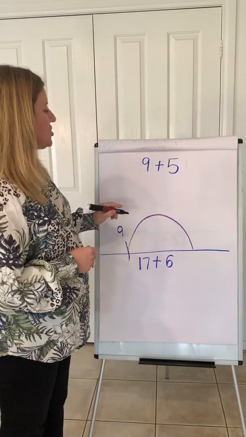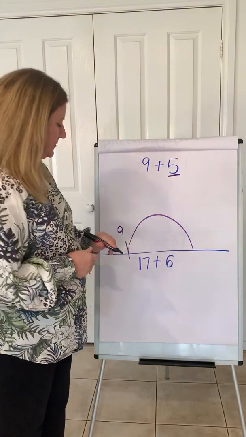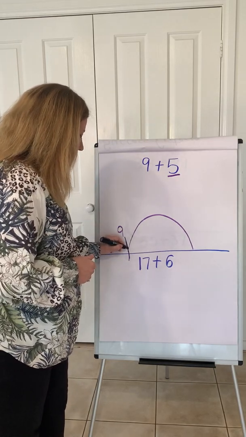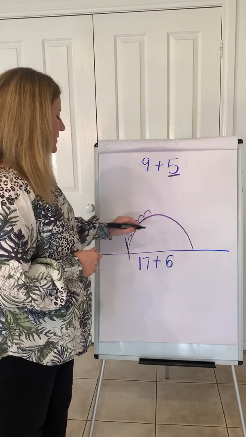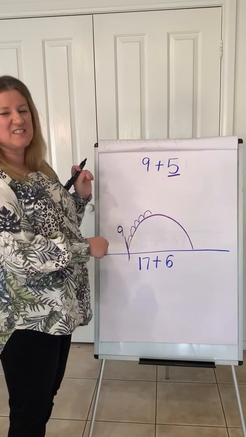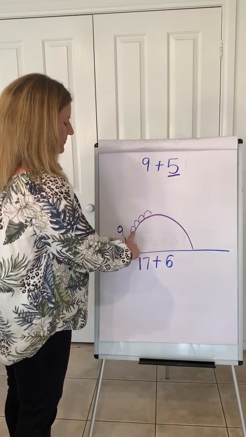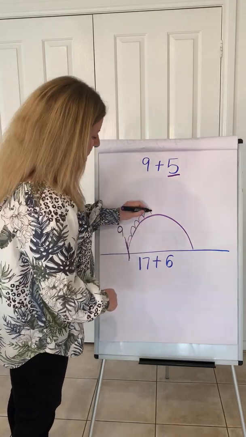Then I need to jump this many jumps. And remember, they're little jumps. So there's my number 9, and I go 1, 2, 3, 4, 5. Can you count with me? I've already got 9 in my head, so I don't need to say 9 again. 10, 11, 12, 13, 14.